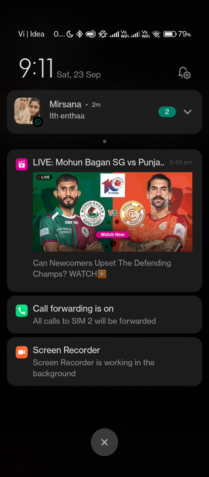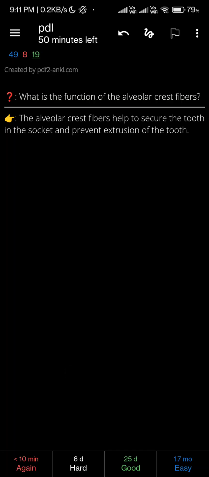Alveolar crest fibers help to secure the tooth in the socket and prevent extrusion of the tooth.